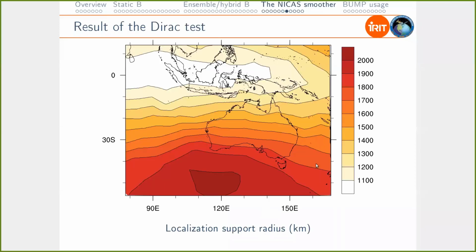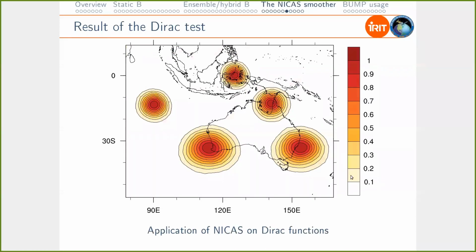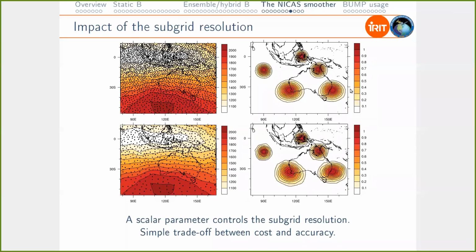Just as a reminder, here is the localization support radius, so it's smaller over Indonesia and larger over the Southern Ocean. And here is what we get for several Dirac functions. We get broader responses in the south and tighter functions in the north. So that's what we wanted to have. The subgrid resolution is important.